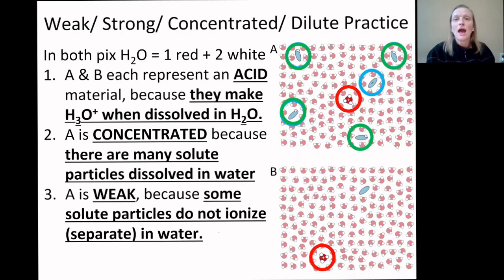Therefore, solution A represents a weak acid because some of those solute particles, all the ones circled in green, do not ionize in water, do not separate into the blue part and lose the white hydrogen ion.